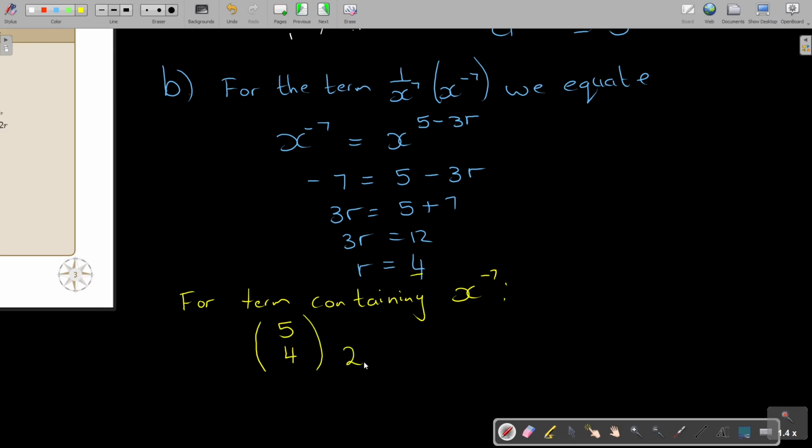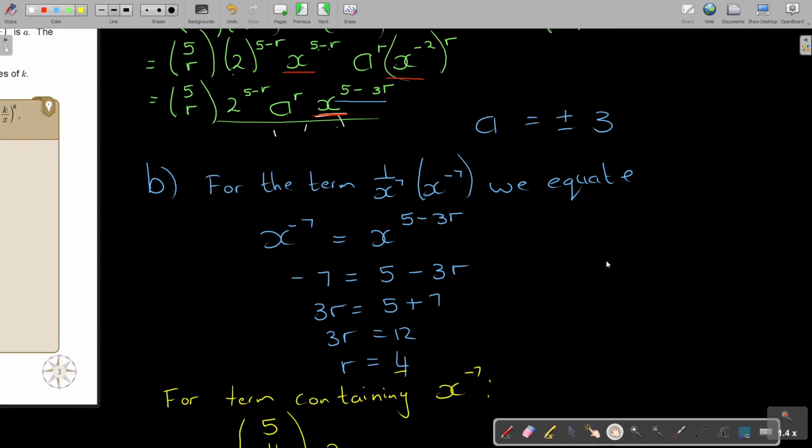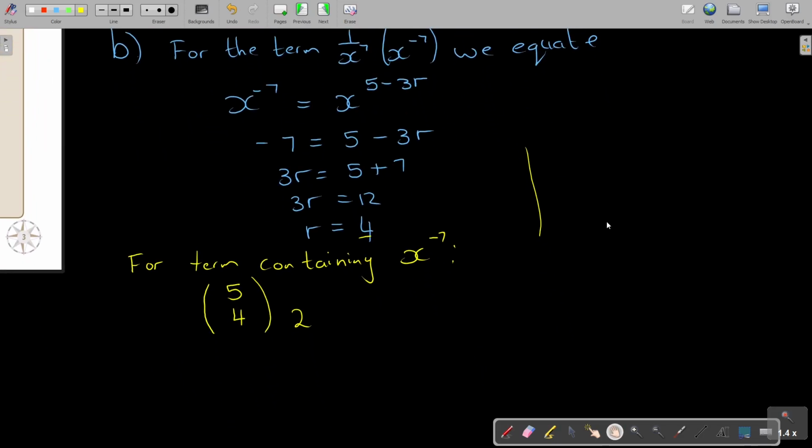I'm just going to substitute into that. Do you see there? I'm just substituting in there. So it's going to be 2, and it's going to be 5 minus 4, and it's 8 to the power of 4, and x, 5 minus 3, 4.